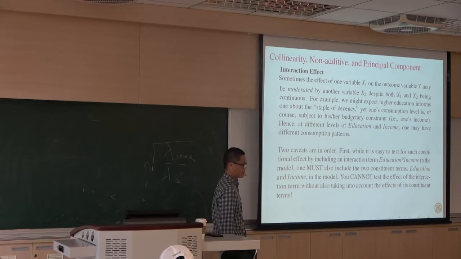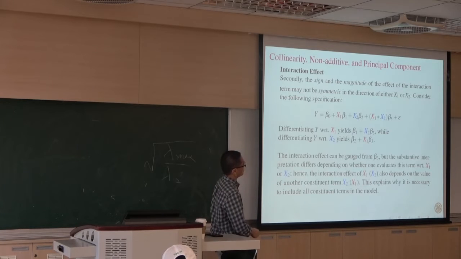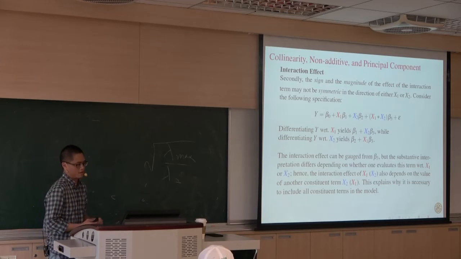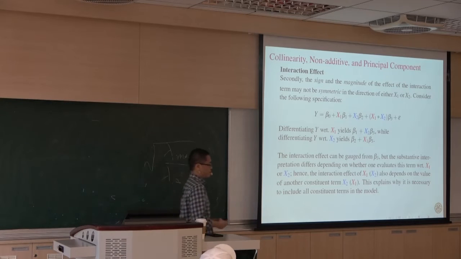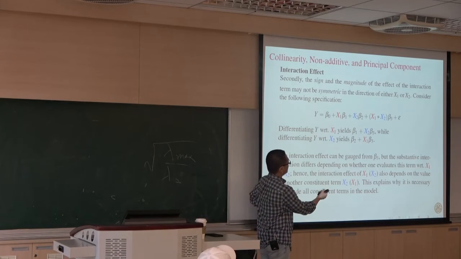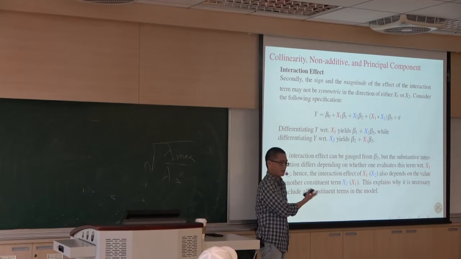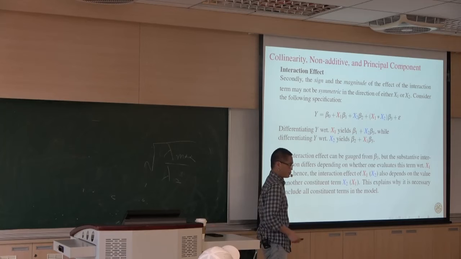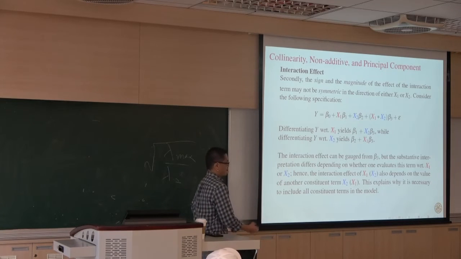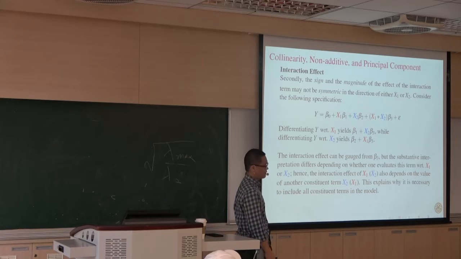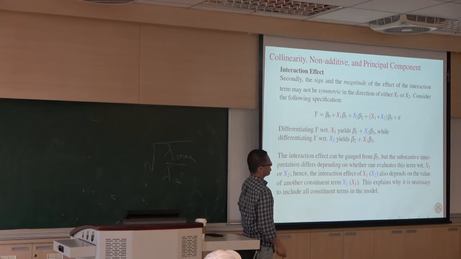Both of them should be in the model. Why? Because we can show this with simple calculus. You would expect the sign and magnitude of the effect of the interaction term to be the same, but nominally they probably differ depending on how you evaluate their effect with respect to each of these terms.